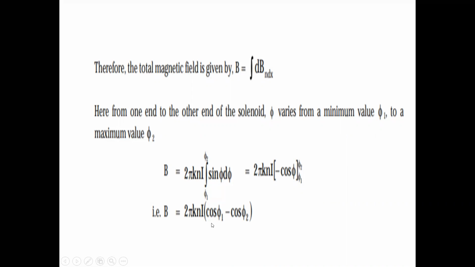By substituting the limits, cos phi 1 minus cos phi 2. Let us take the phi 1 and phi 2 values as 0 to 180. So cos 0 is equal to 1 and cos 180 is equal to minus 1. So 1 minus of minus 1, that is 2.